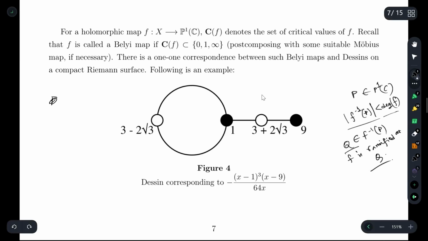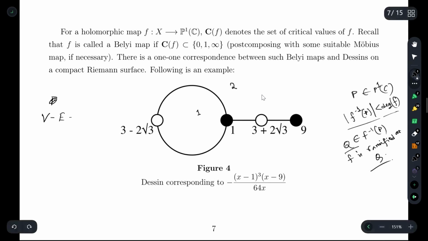For example, you can see that this will give rise to a triangulation with 2 faces. This is one face, and the face outside it, and it has 1, 2, 3, 4 edges.